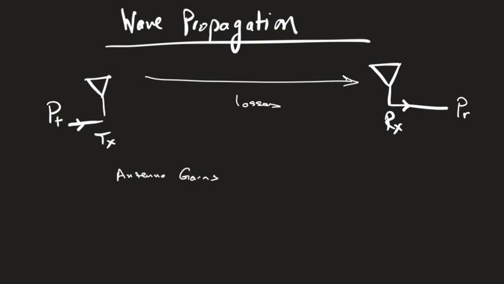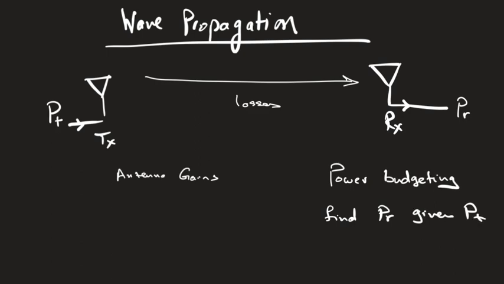This course is not focused on modeling the channel, but at least you need to be able to do power budgeting. For a given channel, you should be able to calculate PR. So power budgeting is basically to find PR given PT. If you know the amount of power that is put into the system here, you should be able to do your calculations, given a particular channel model, to find out the received power for that transmitted power.